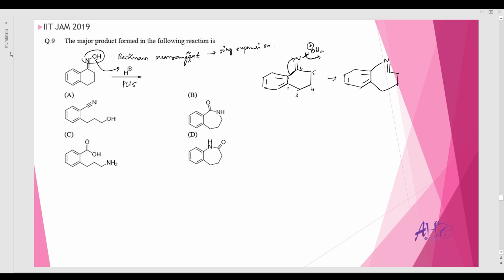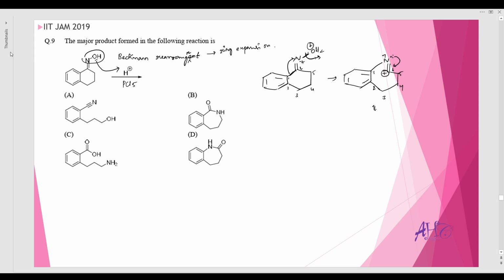So 1 and 7, so this is going to be 7 6 5 4 3 2 1. Basically between 1 and 7 we have formed a bond. So here it will have a carbocation.